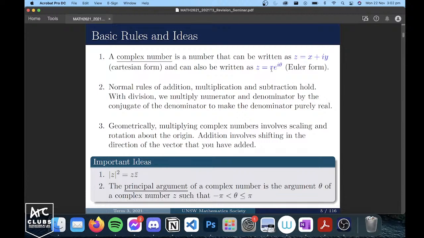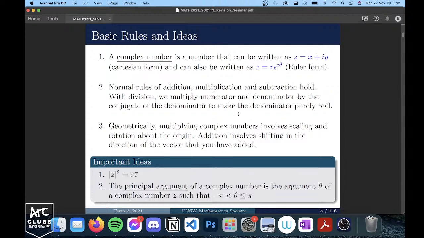And just like numbers in the real number field, addition, multiplication, and subtraction still hold. Division still holds too, but when we divide two complex numbers, we usually prefer the denominator to be purely real. The method to get that is by multiplying the numerator and the denominator by the conjugate of the denominator, so that the denominator becomes fully real.